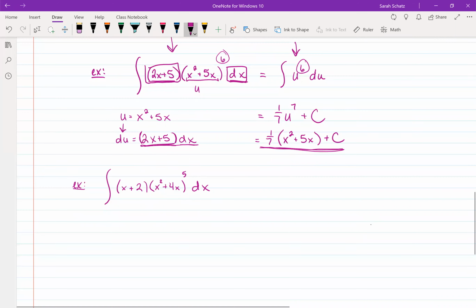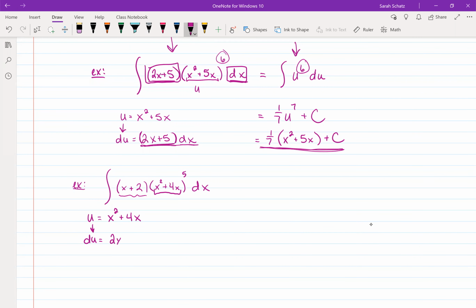So what am I going to do? I have something in parentheses raised to a power. I'm going to take it out and call that u, and I'm going to say u is x squared plus 4x. I can't say, oh, x plus 2 must be the du, because it's not. Remember, du comes from the derivative of u.